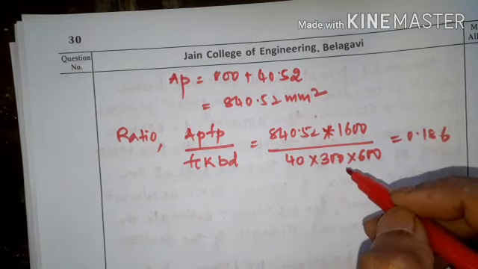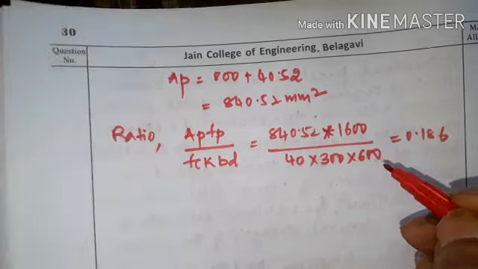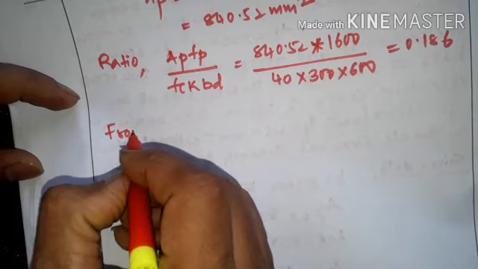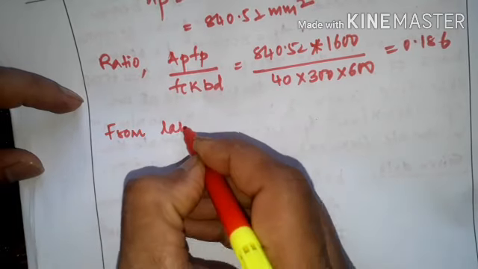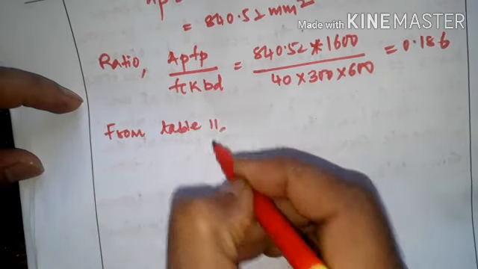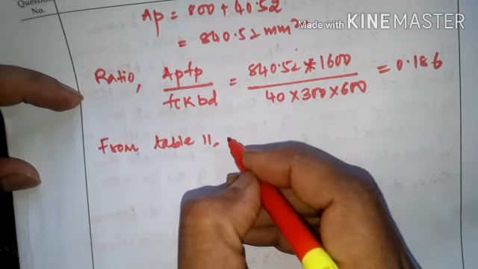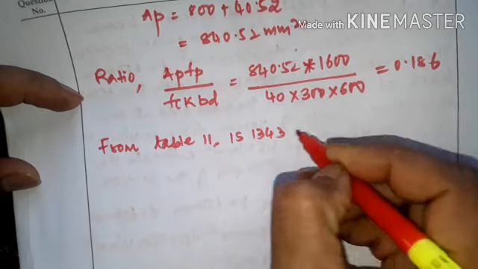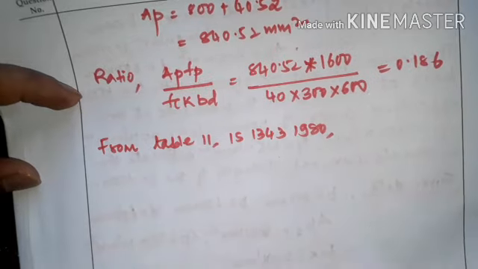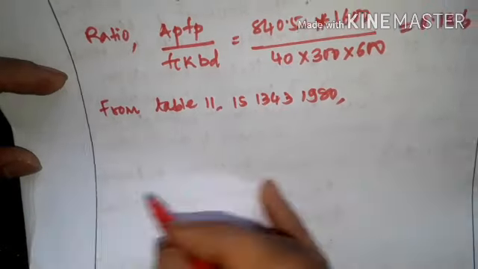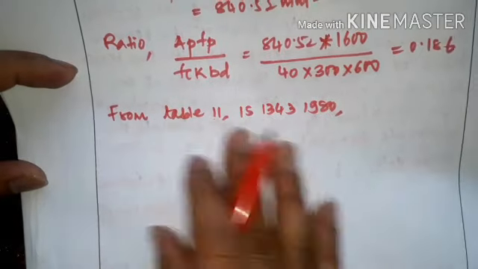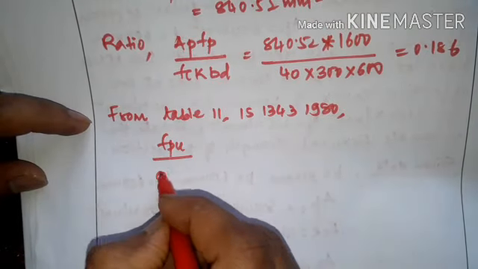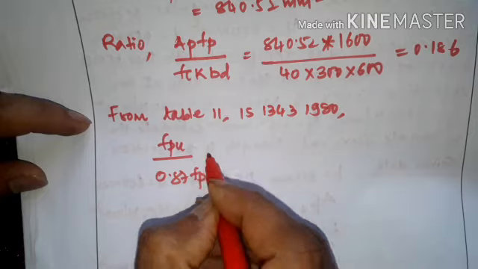Again you have to go back to table number 11. From table 11 of IS 1343 1980, you have to find out the two ratios, that is Fpu by 0.87 Fp, which is equal to 1.